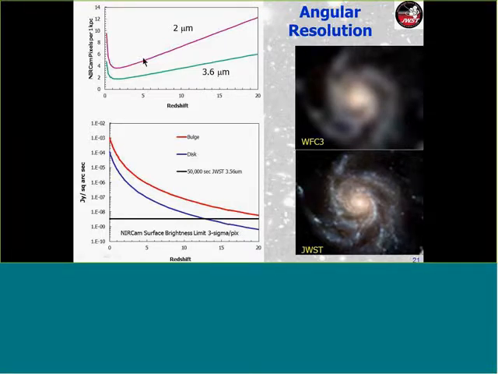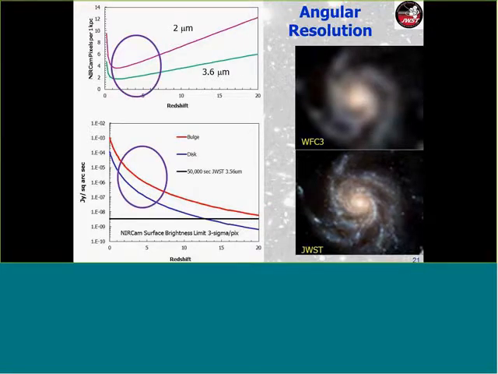And these other plots to the left show, as a function of redshift, how many pixels you get per kiloparsec, and that we actually have the sensitivity to detect bulges from disks.